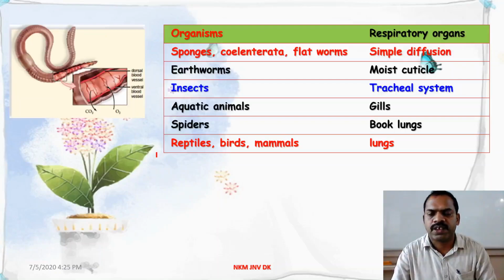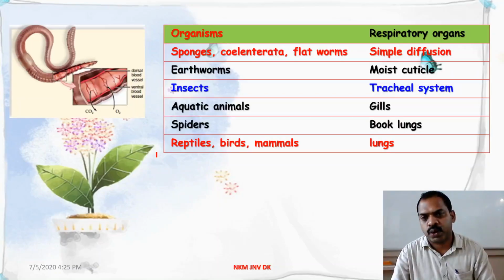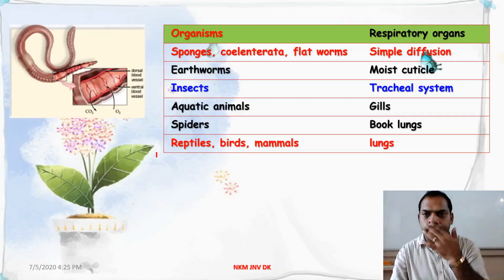We studied last year: sponges, cnidarians, porifera, hydra, planaria, jellyfishes. Flatworms: Planaria is a flatworm. Taenia solium is a flatworm. They are using simple diffusion.